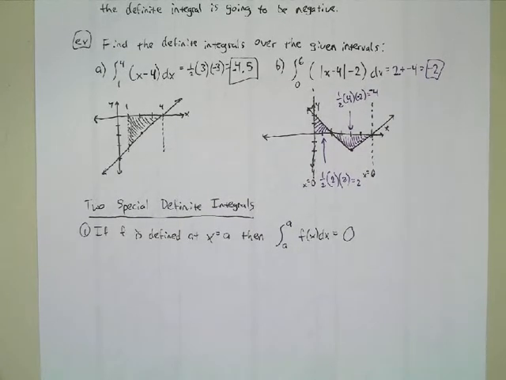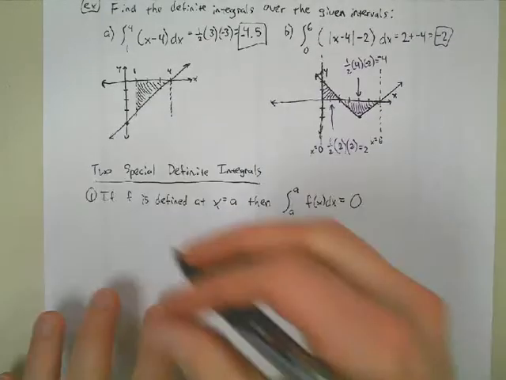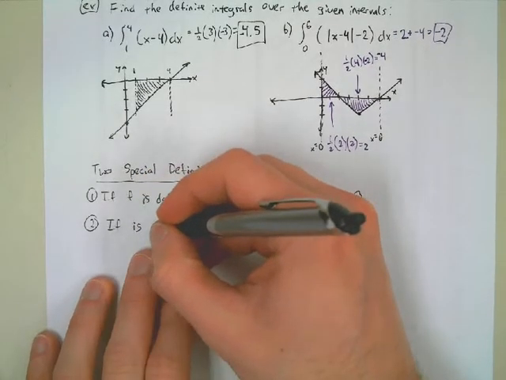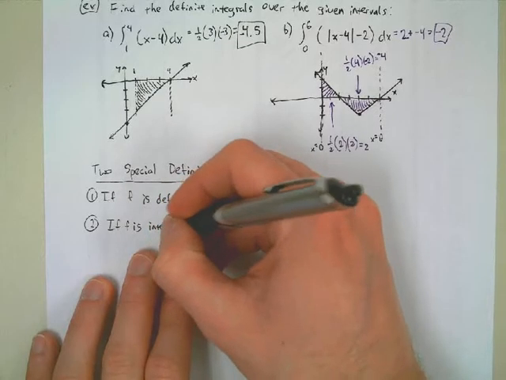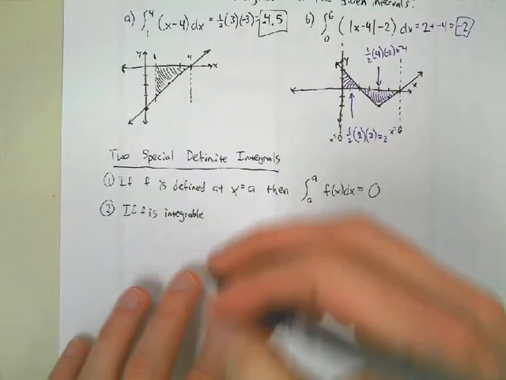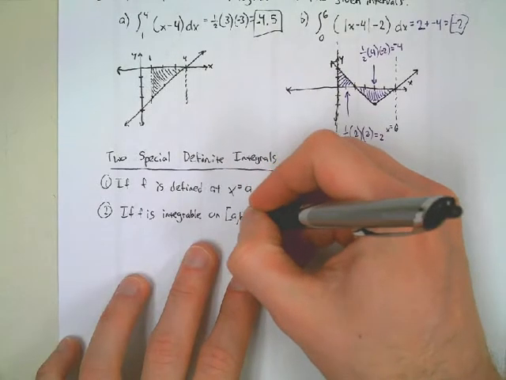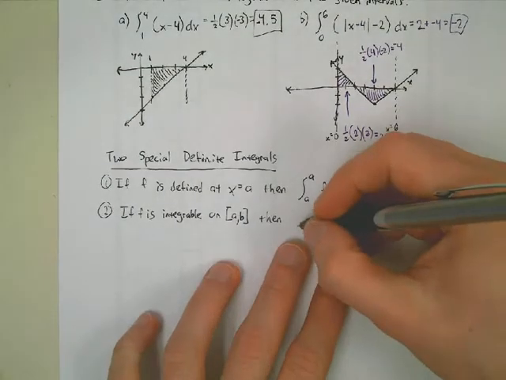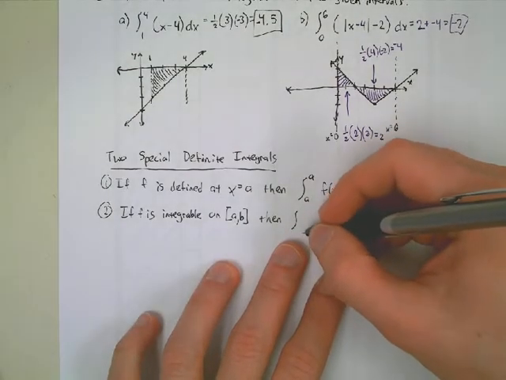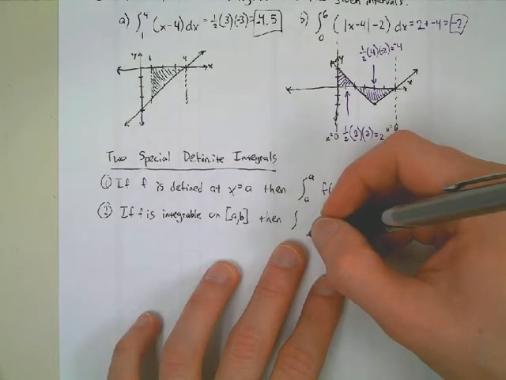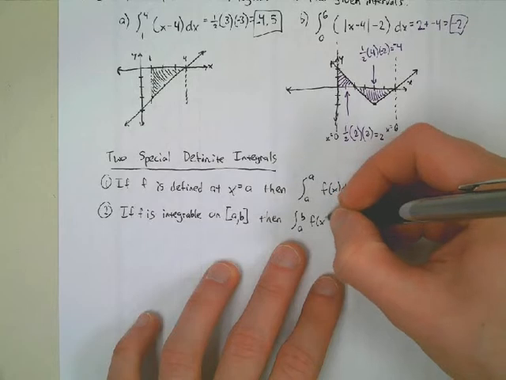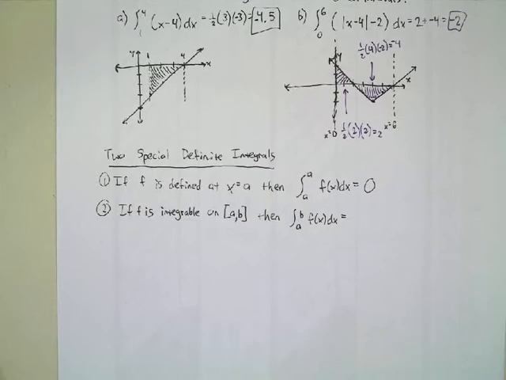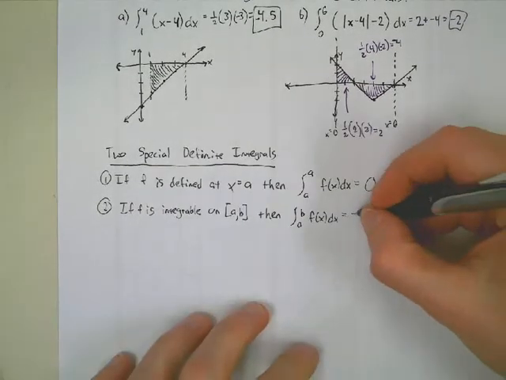All right, and then the second one: if f is integrable, which obviously means able to be integrated, on the closed interval AB, then the integral from a to b of f of x dx is equal to the negative integral from b to a of f of x.